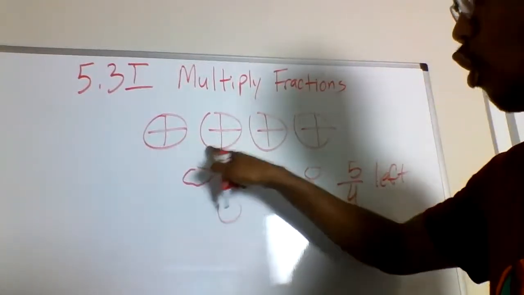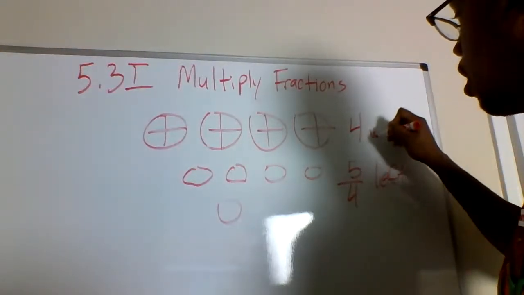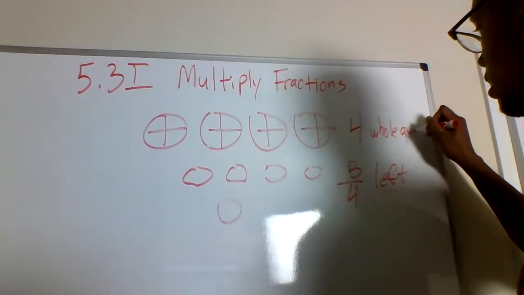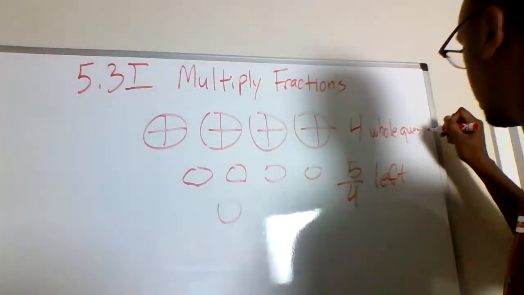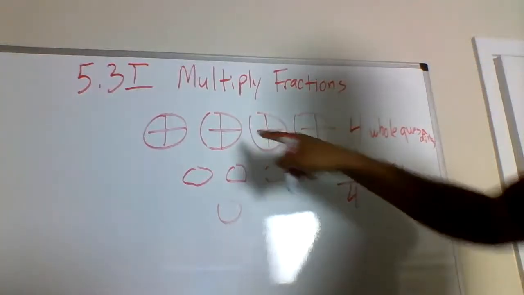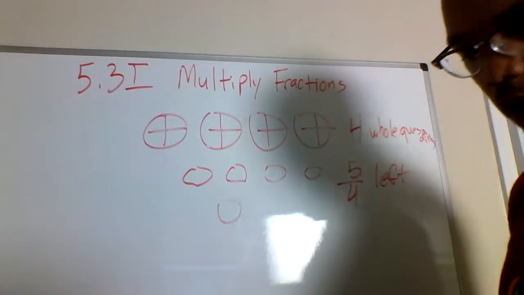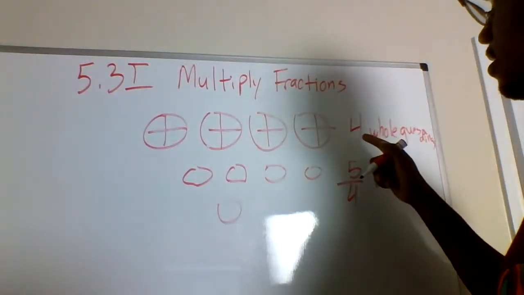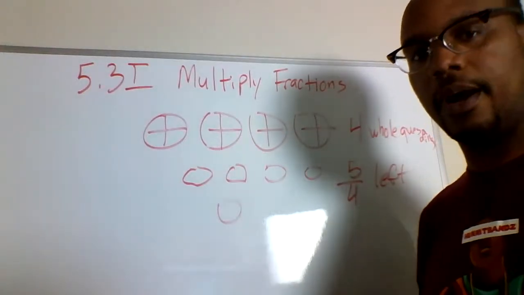Now you had 4 whole quesadillas at first. You had 4 whole quesadillas, but you have 5 fourths left. So all you have to do is subtract, and it'll tell you the other number, right?